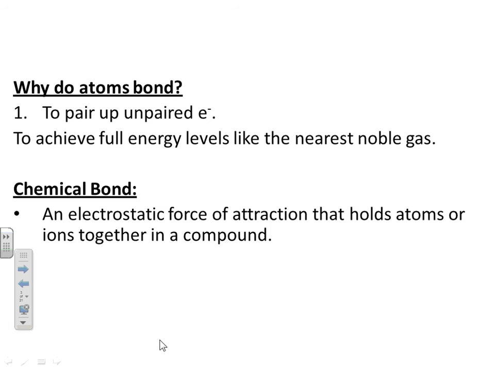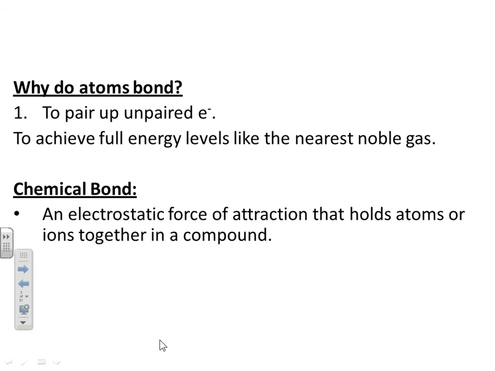They want to pair up unpaired electrons. We know how to draw Lewis diagrams. We know how to determine the number of electrons in the outer shell in order to draw it up. And we know that some atoms have paired electrons with some lone electrons, and others have more lone electrons. What do they want to do? They want to pair up those electrons.